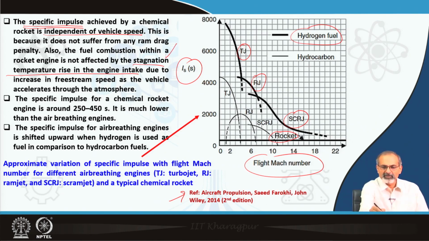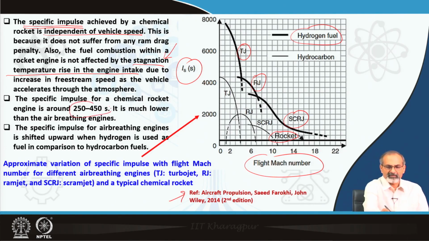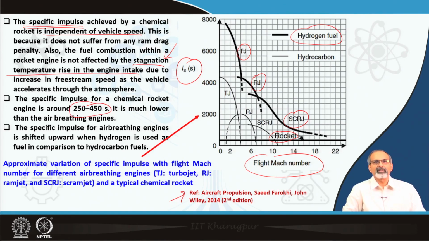So, this happens to be a major limitation for the air breathing engines, but it does not act as an impediment for rockets. The specific impulse for chemical rockets typically vary in this range, which is rather low compared to many of the air breathing engines. The specific impulse for air breathing engines is shifted upward when hydrogen is used in place of hydrocarbon, which we already mentioned.